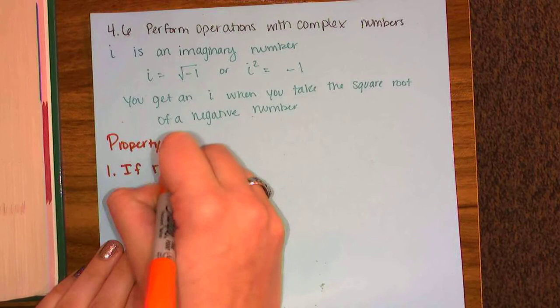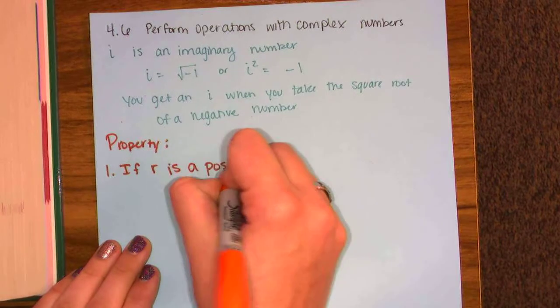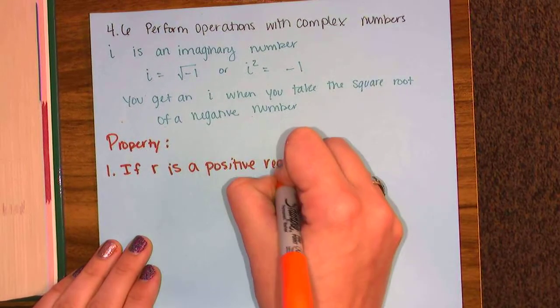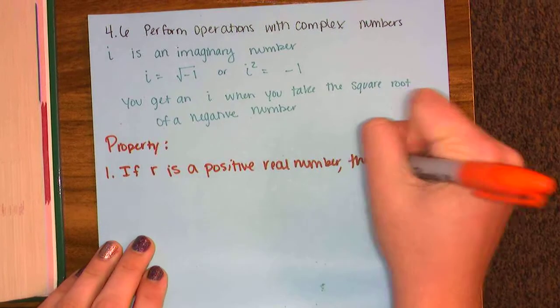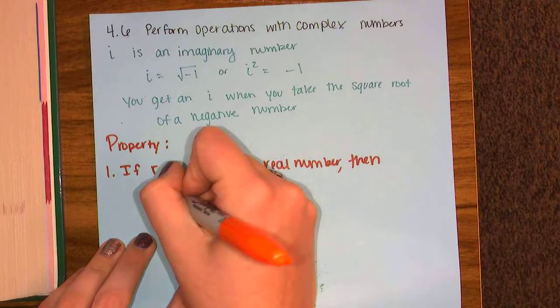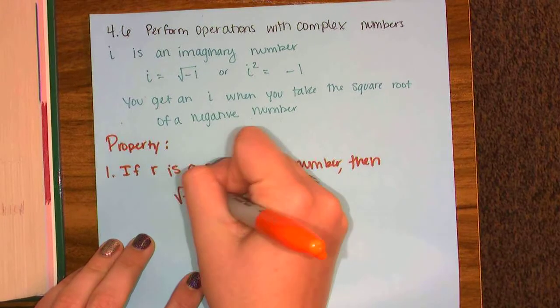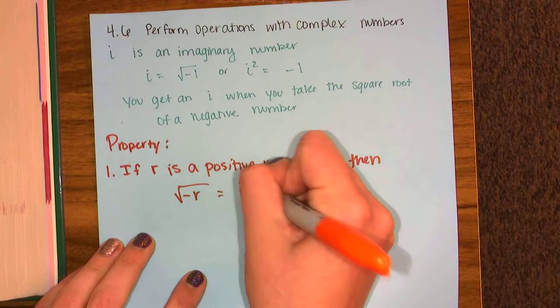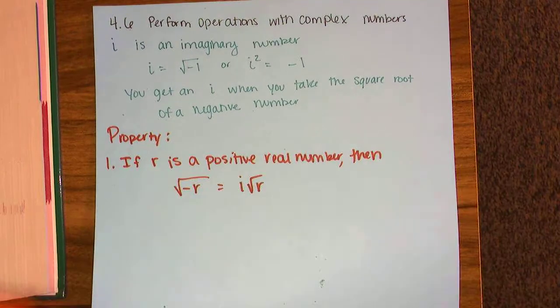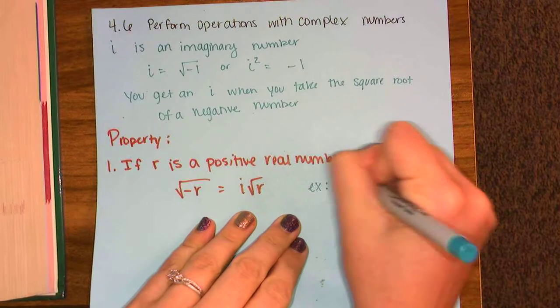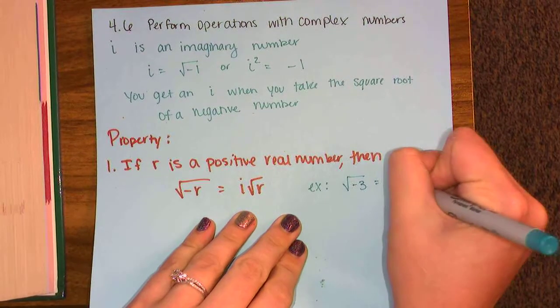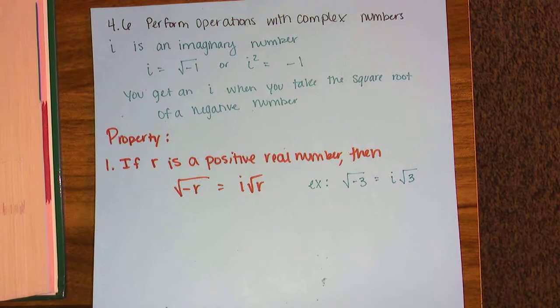If r is a positive real number, then the square root of -r is equal to i square root of r. And so an example of this, the square root of -3 would be equal to i square root of 3. So if you see a negative under a radical, you literally just pull it out.